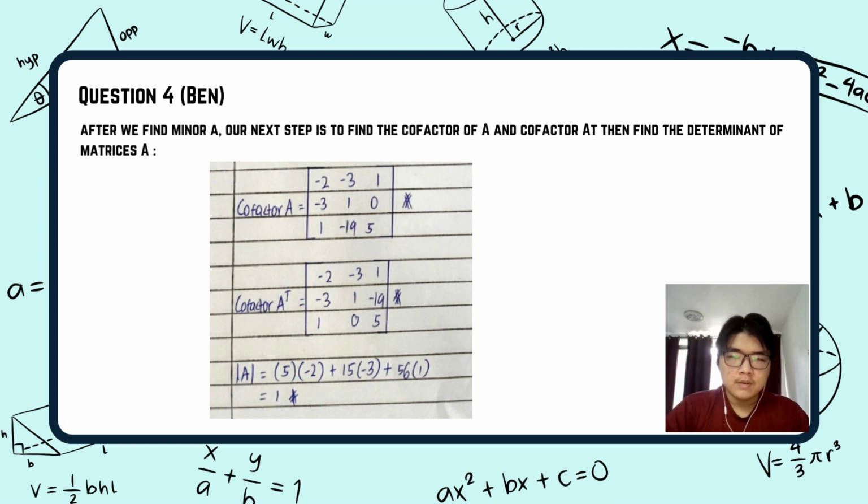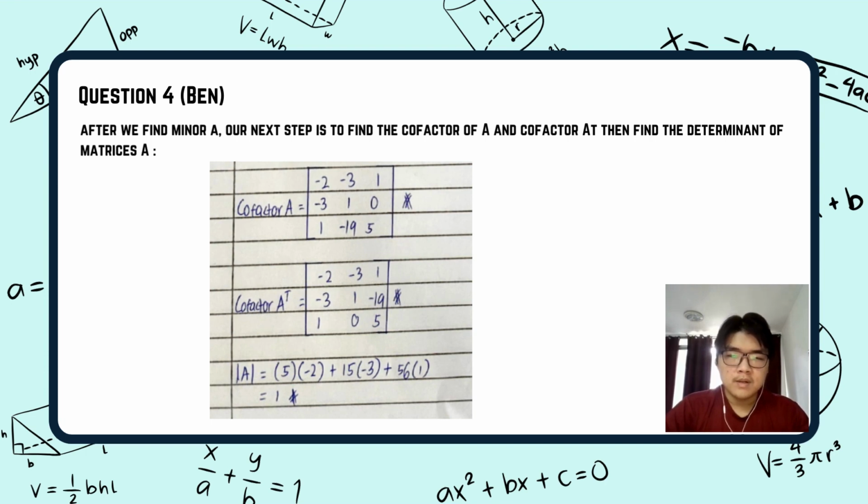However, M12 on our minor A is positive 3. So positive 3 times the negative sign will be negative 3. So it will change to negative 3 for our cofactor. Then M13 on our minor A is 1. So 1 times the positive sign will remain the same as 1.